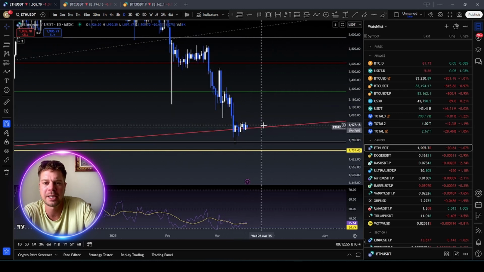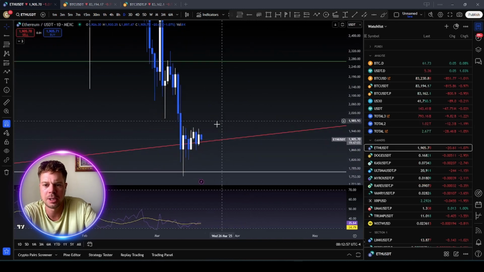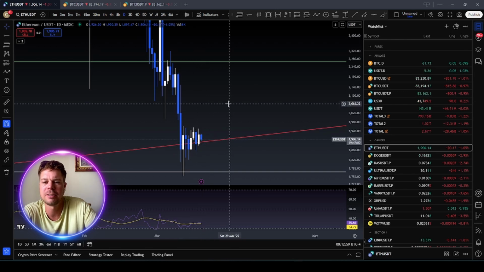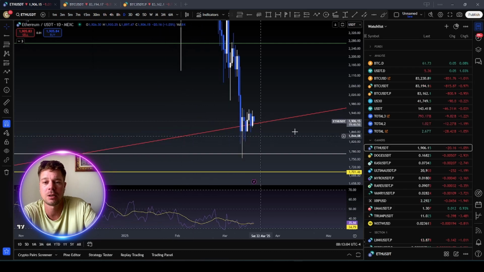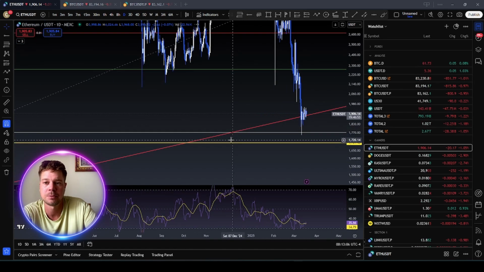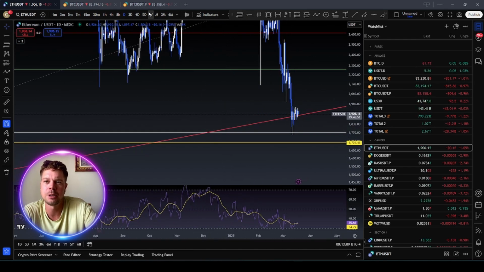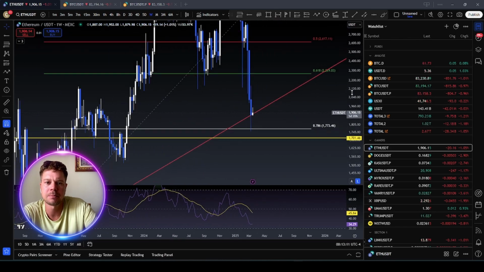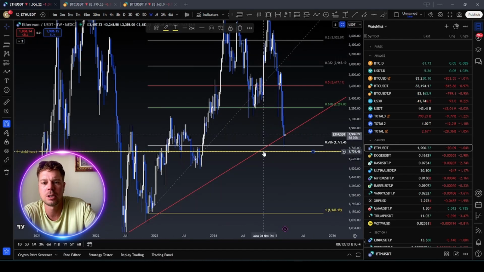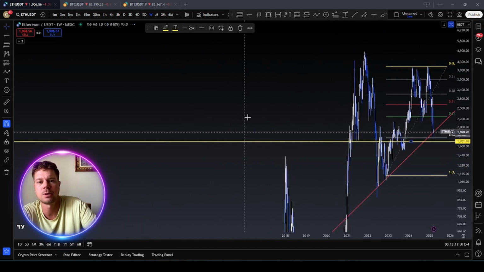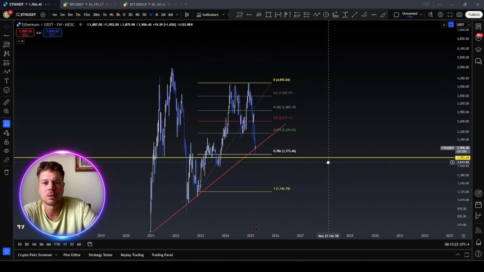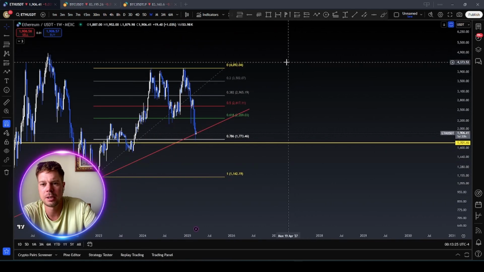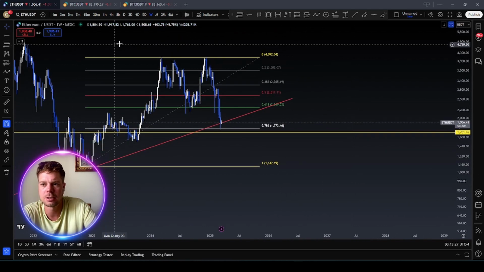You know, we're still making higher highs. Actually, Ethereum is also retracing the 786, so you can expect upside. You see this crazy wick, so that means that there's a lot of support and a lot of orders got filled. You know, for Ethereum it's actually sky's the limit. If you zoom this chart out, then you can see what I'm predicting actually for Ethereum. Let's say at least the 786 on the weekly.